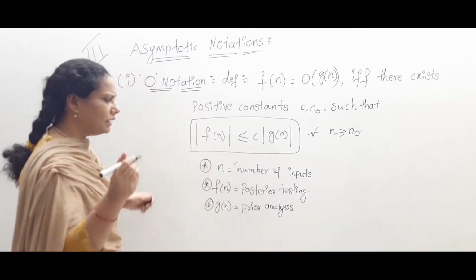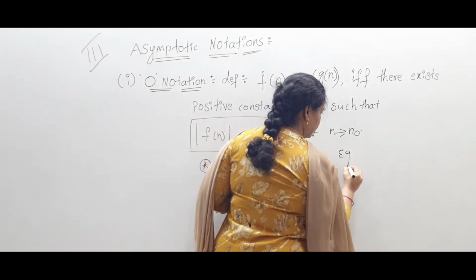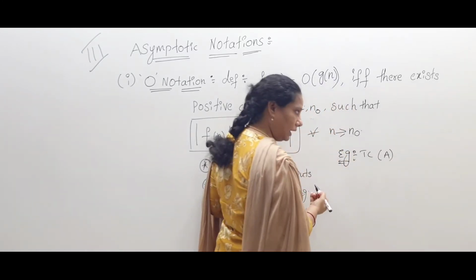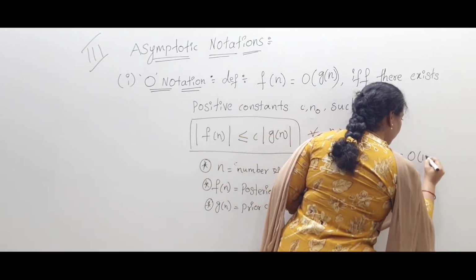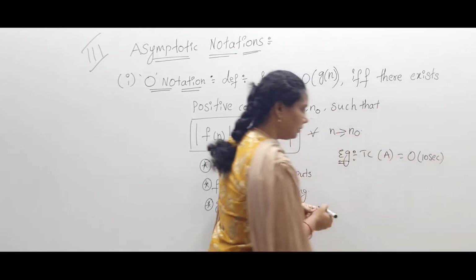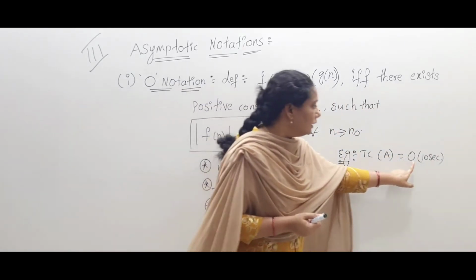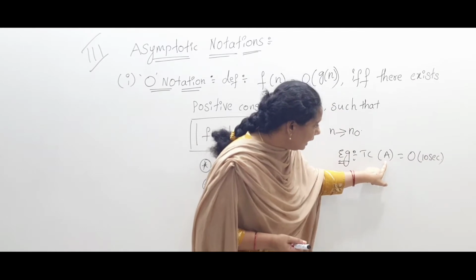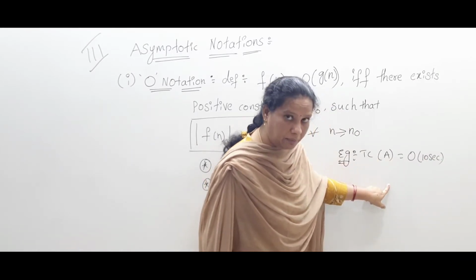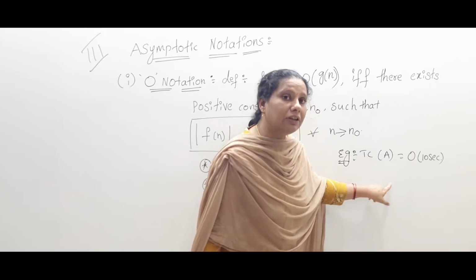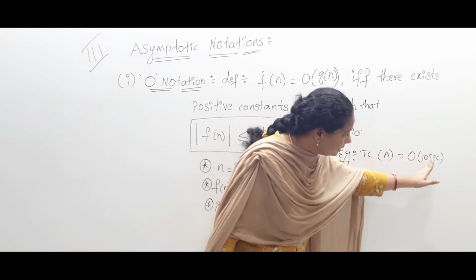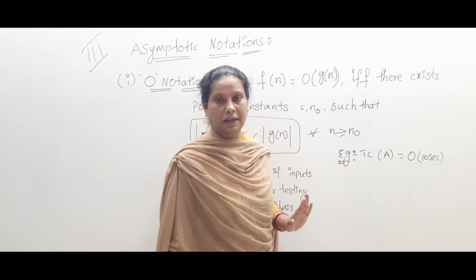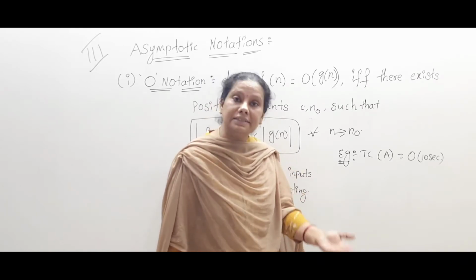Let me take a simple example. If I have written the time complexity of an algorithm A as O of 10 seconds, what does it mean? It means that when I convert this algorithm into a program, execution will be completed either by 10 seconds or before 10 seconds, but not more than 10 seconds. You are representing the maximum time.